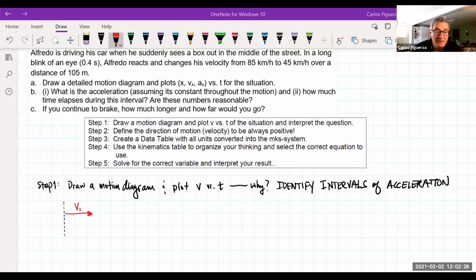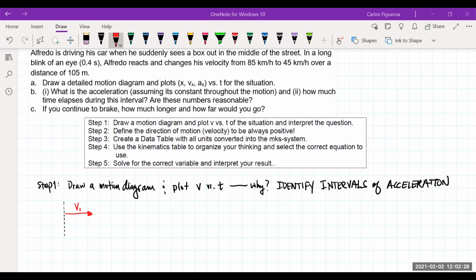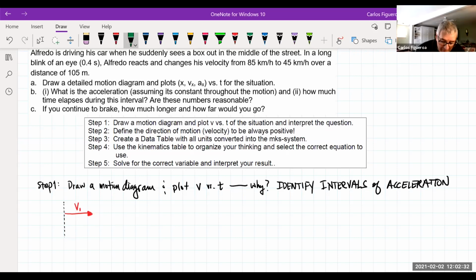So moving on here. I know for a fact that he's moving. Note that this region, you know what? I need to move this down a little bit, because I want to talk about this being the reaction part. And this reaction, I'm going to call my interval 1.